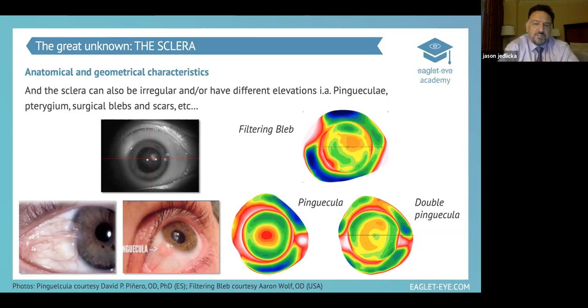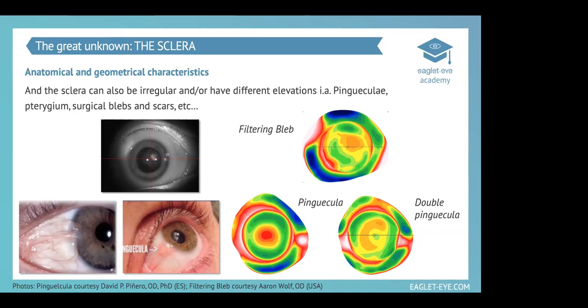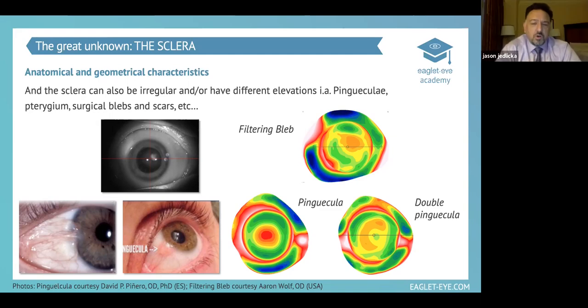When we want to fit these individuals with a scleral lens, we don't always know how those focal elevations will affect our fit. We're putting diagnostic lenses on, and sometimes we can be very far off in our fit when these elevations are high. It's very difficult to know that when we put a notch or a microvault or edge vault in a lens to accommodate one of these, how is that going to change the rest of the fit?